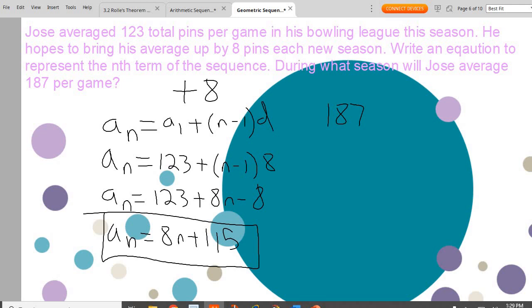And so we're trying to figure out what term, or what season, we have to plug into n to get that number. So we would subtract 115, divide by 8. What do we get? 9. So it would be the 9th season. Are we all okay with that?